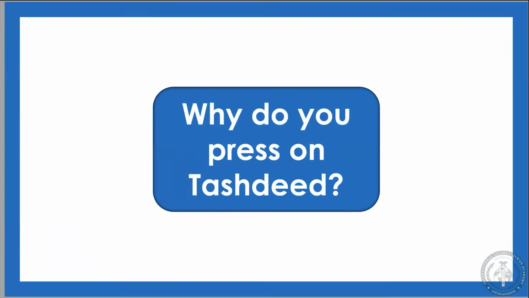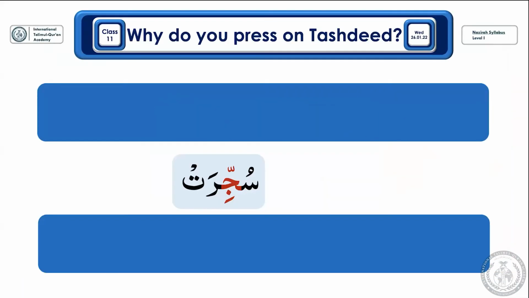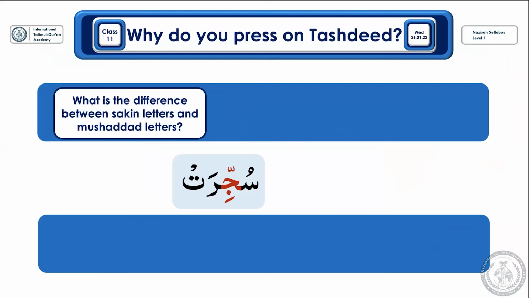So let's ask ourselves the question, why do you press on tashdeed? And let's ask ourselves the question, first of all, what the difference between sakin letters and mushaddad letters is. And we'll look at that example there. Now, if we rewrite what's in that blue box, we've got the seen, the vowelled seen, and the jeem, the mushaddad jeem.